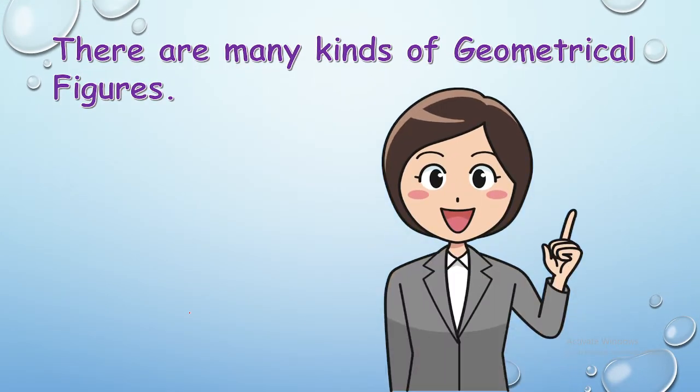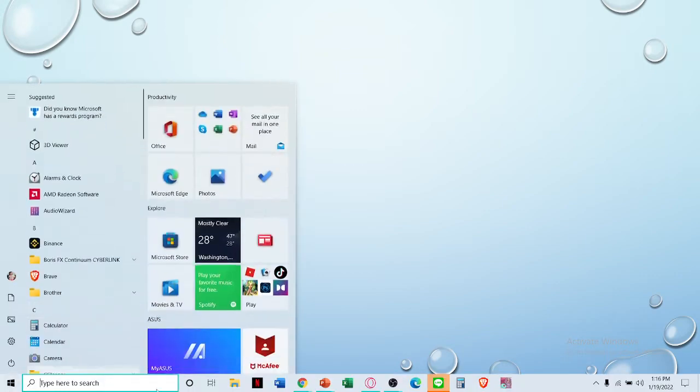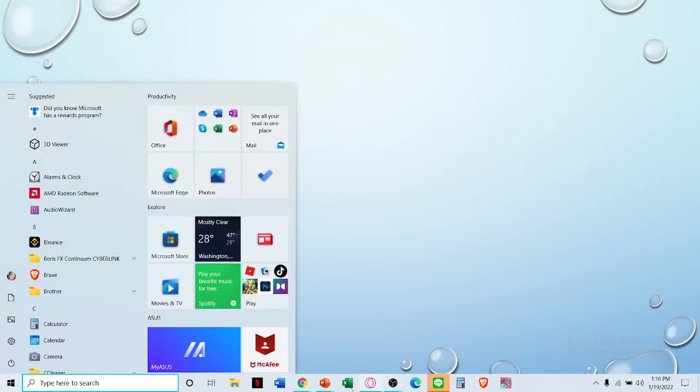Now, there are many kinds of geometrical figures. Last time we talked about four. Do you remember the geometrical figures that we studied last time? Oval, circle, triangle, and square. What's the other one that looks like a square, but not always a square?